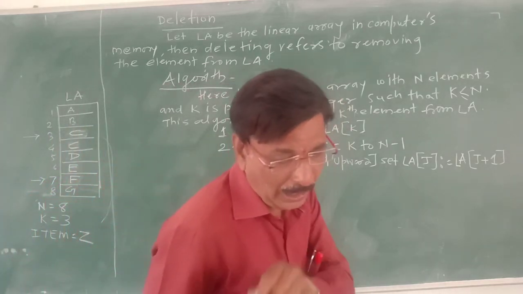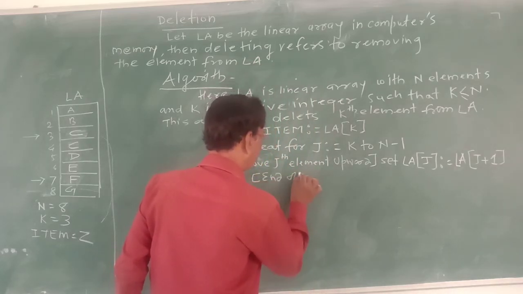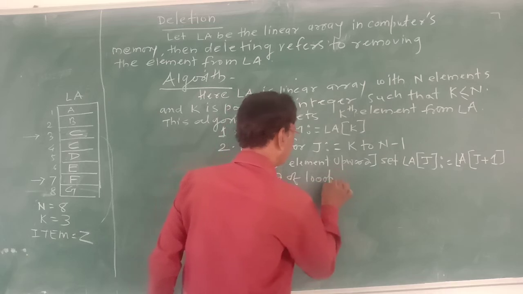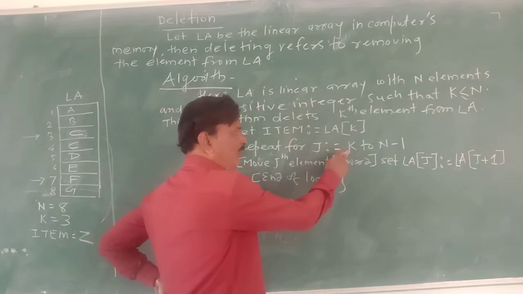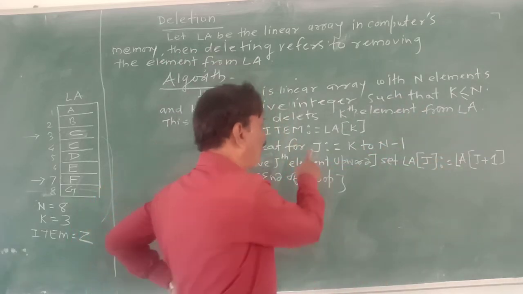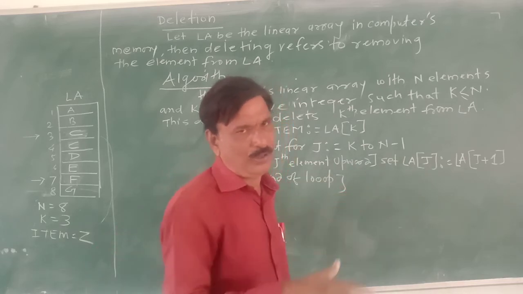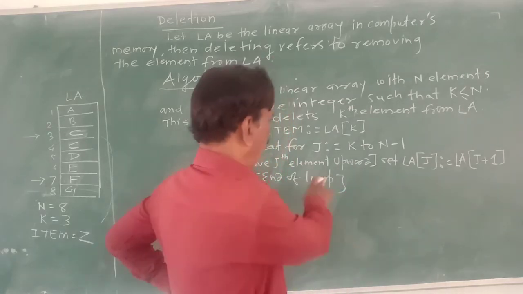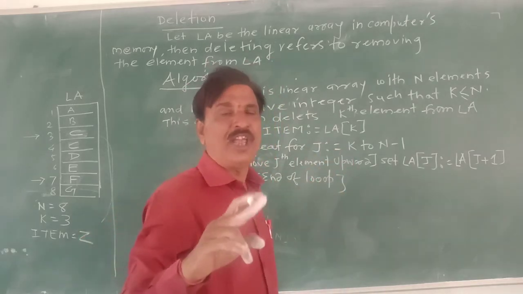Now end of loop. As end of loop is there, j is now k plus 1. So j becomes now, because we have to increment up to n minus 1.